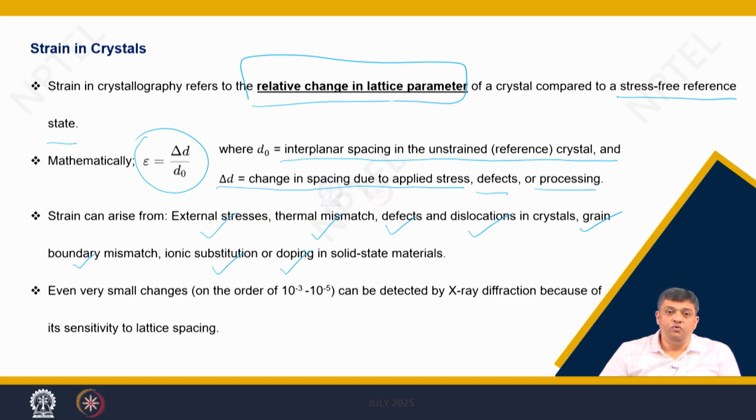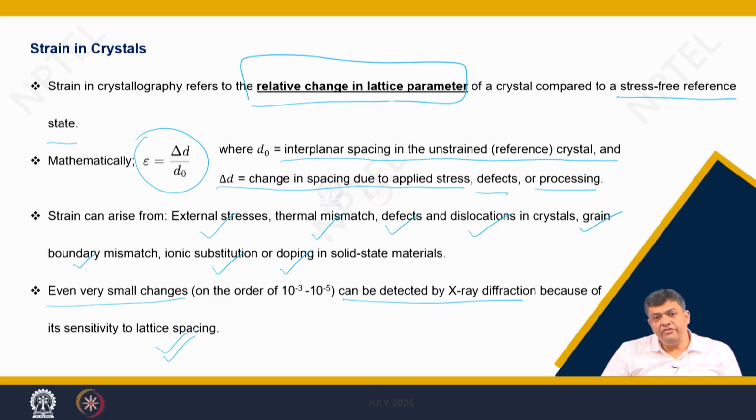Else sometimes we are unable to understand the appearance of certain properties in materials because of factors which we have not considered. So, even a very small change in the lattice parameters can be detected by X-ray diffraction, because its sensitivity is very high towards changes in the lattice spacings.